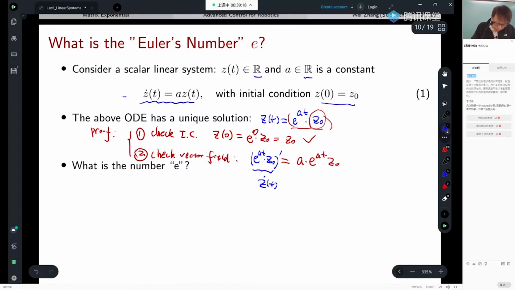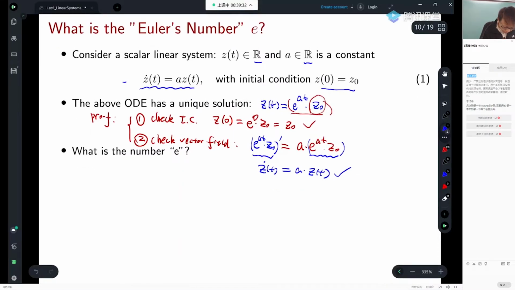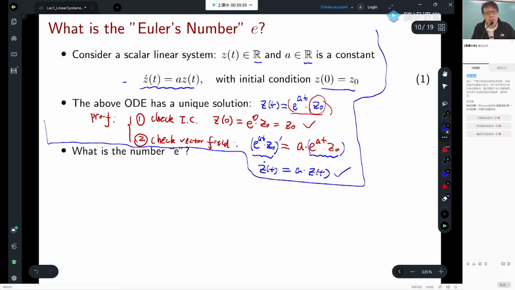So that means Z dot equals A times Z. So it satisfies the differential equation. You propose something and you prove it satisfies the equation, both initial condition and also differentiation rule. Then you prove it. You find the solution, and it's unique. You don't need to look for others.